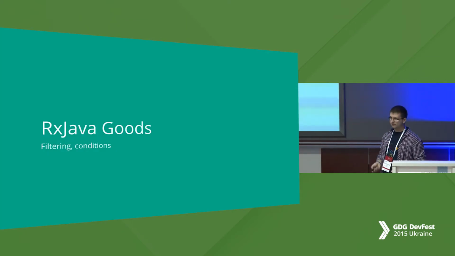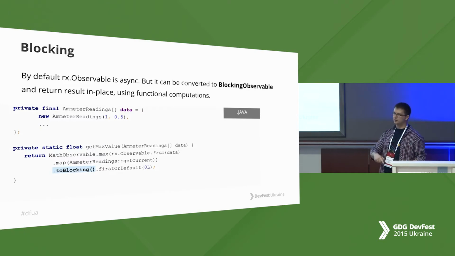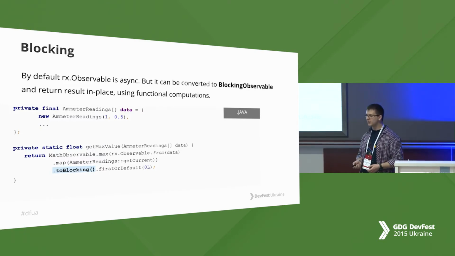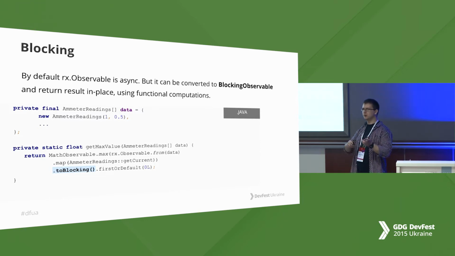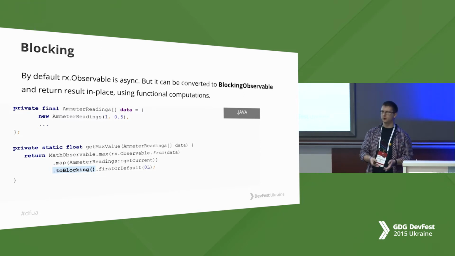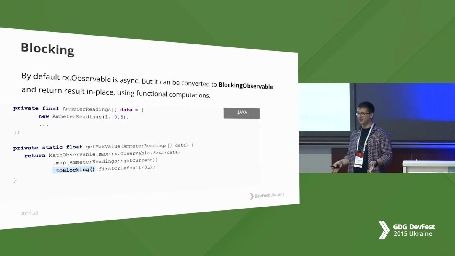Filtering and conditions. You already saw time filtering, but we can also use some other filters. And we can convert them into blocking collections. It's a great question because usually we write in functional style with RxJava and think that it is asynchronous and we should always use subscribe and put there some onNext, but it's not the only way.